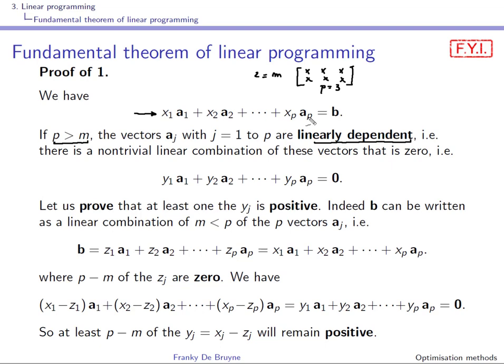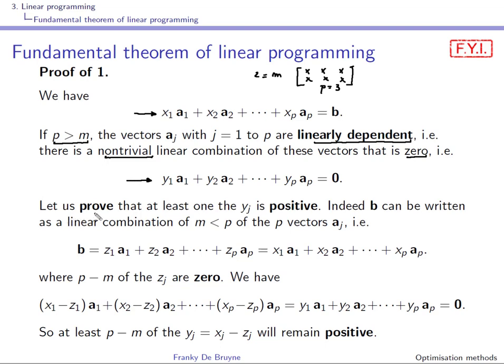If the p columns are linearly dependent, it means that you can find a non-trivial, meaning non-zero, linear combination of these p columns that produces the 0 vector, okay? And this is this linear combination.